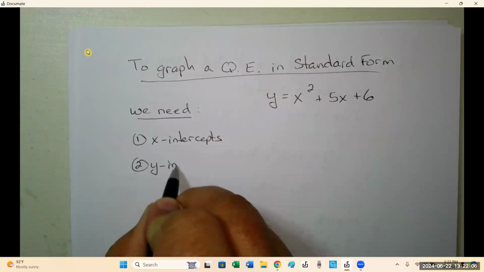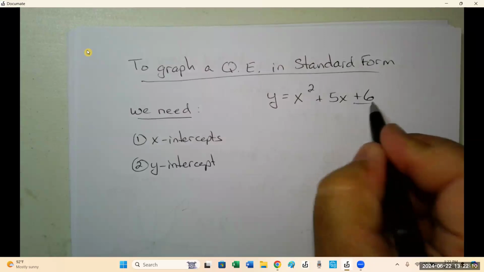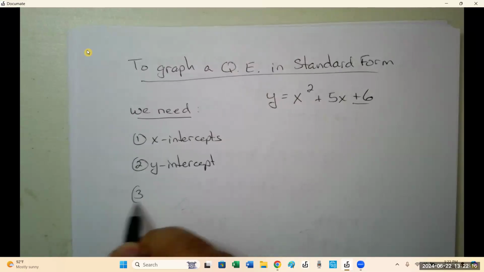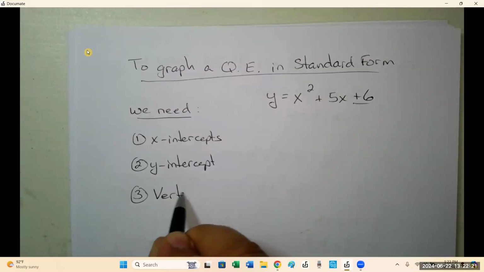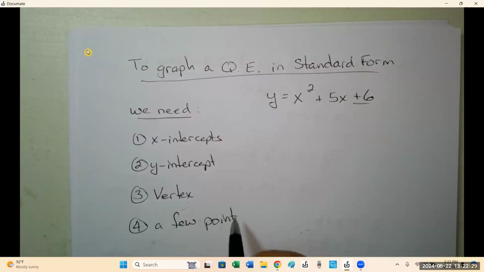We need the y-intercept, and that's always the constant. We need something called the vertex. Remember that's the lowest or the highest point. And we need a few points to continue the graph.